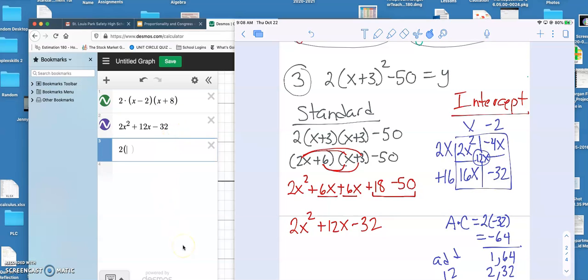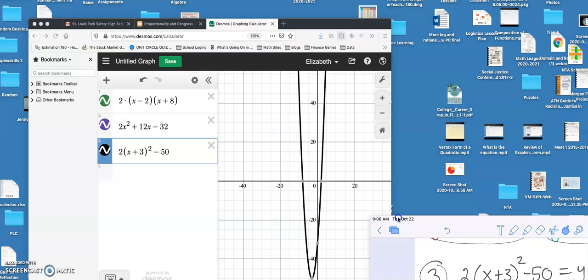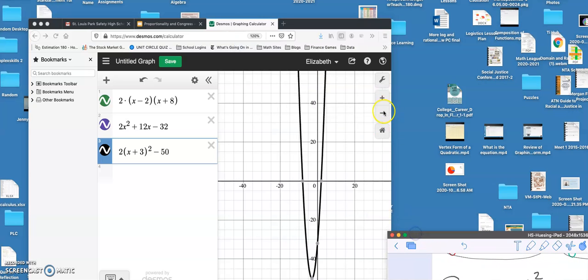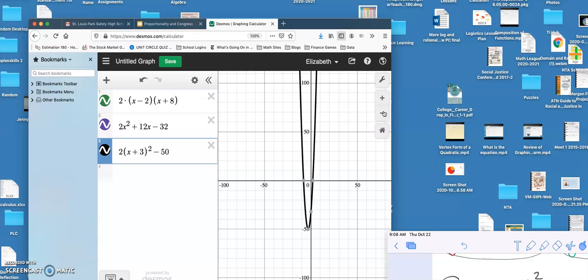And then our vertex form, 2(x plus 3) squared minus 50. Big reveal, let's see if we got it right. And sometimes I zoom out just to make sure. Yep, it's all one graph, so we changed it into all 3 forms.